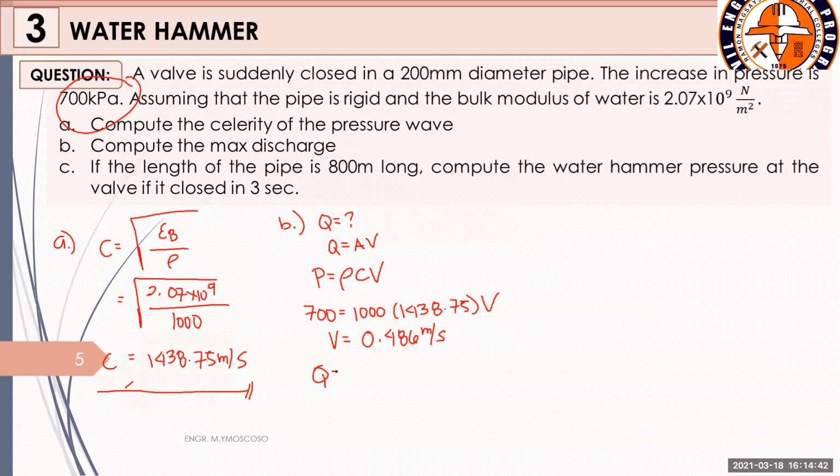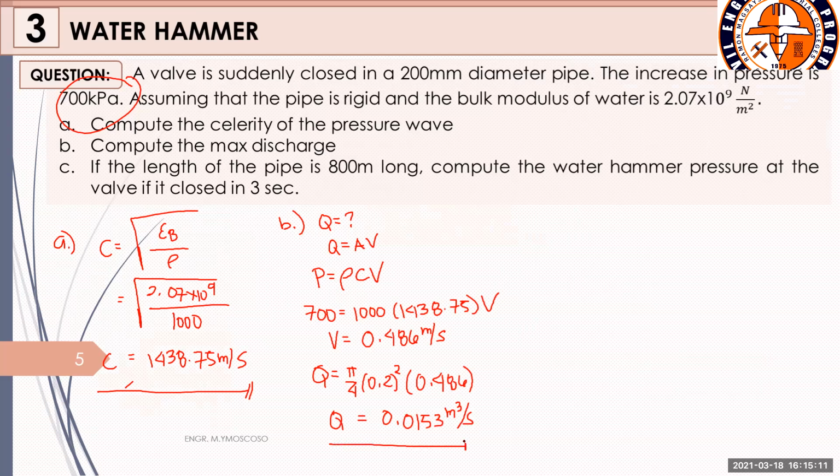So Q is equal to pi over 4 times 0.2 squared times your velocity, which is 0.486. Therefore, how much is your discharge? That would be 0.0153 cubic meters per second.